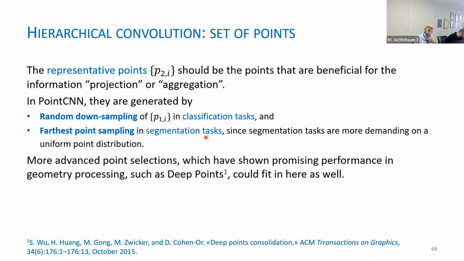And actually, this is used for classification. And the other possibility is to use farthest point sampling, as we have seen in PointNet++. And this solution is actually used for the segmentation task, because in this case, it is more important that the points are distributed more or less uniformly in the set of input points. Of course, there can be other different solutions for this.